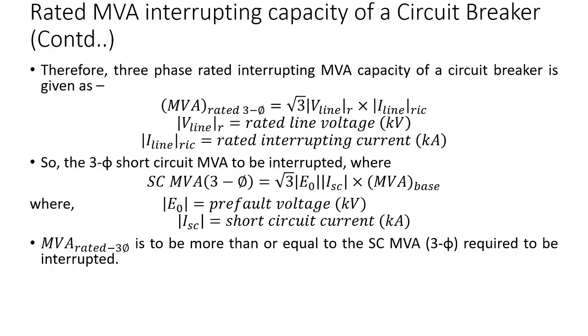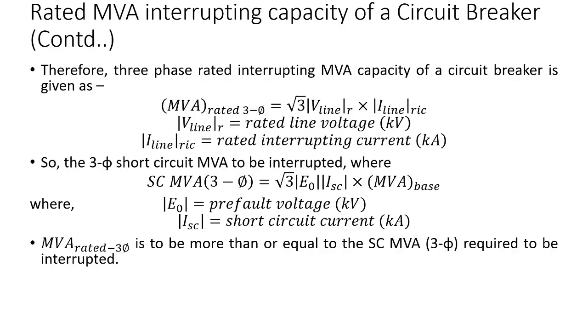This goes as per the instructions that were mentioned in the previous slide, that the operating voltage cannot exceed the maximum design voltage. Similarly, the power, that is MVA rated three phase for the circuit breaker, has to be more than or equal to the short circuit MVA.